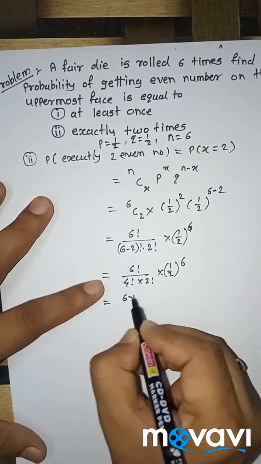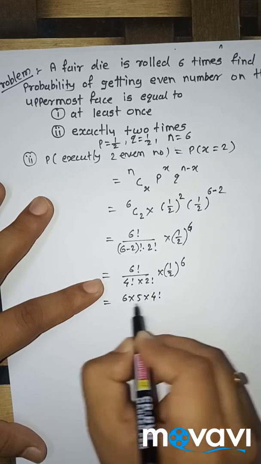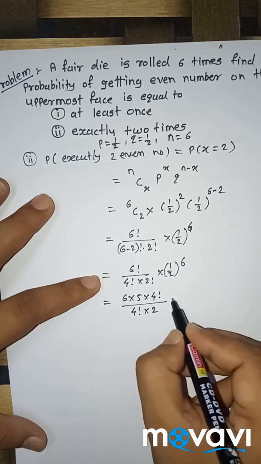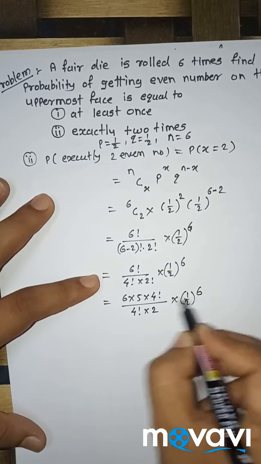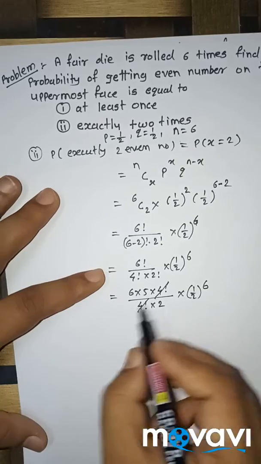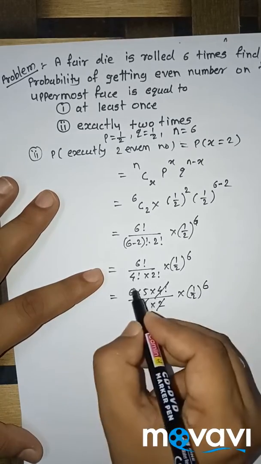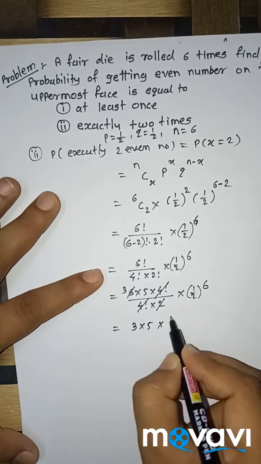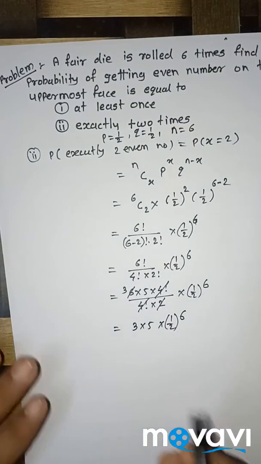6 factorial we can write as 6 into 5 into 4 factorial upon 4 factorial into 2 factorial, which is 2 into 1, means 2, into half raised to 6. This 4 factorial is cancelled with this 4 factorial, and 2 3s are 6. This is equal to 3 into 5 into half raised to 6.